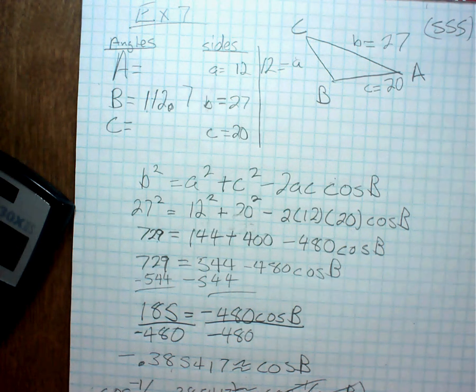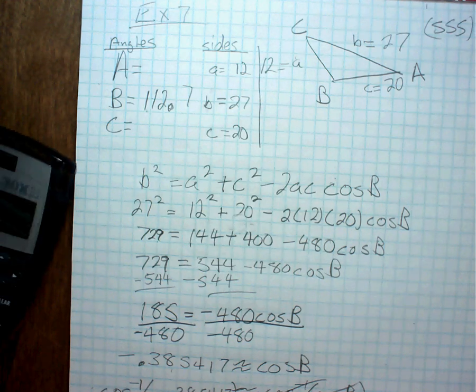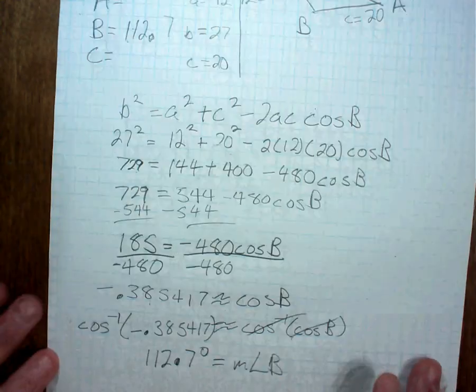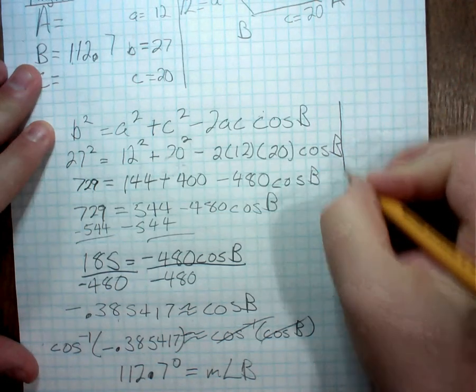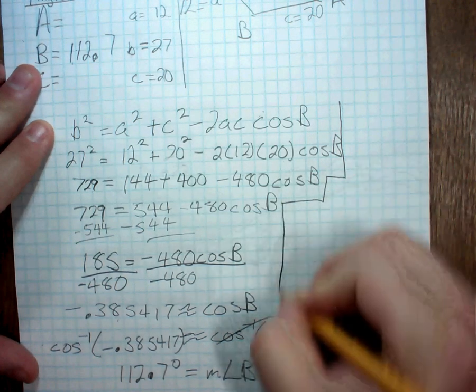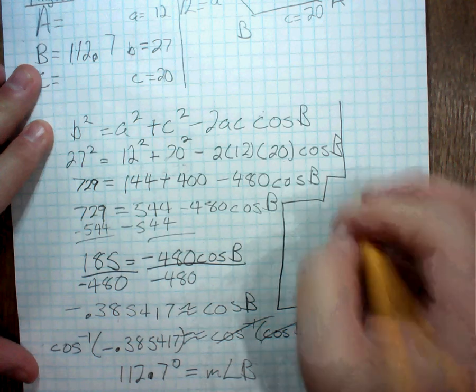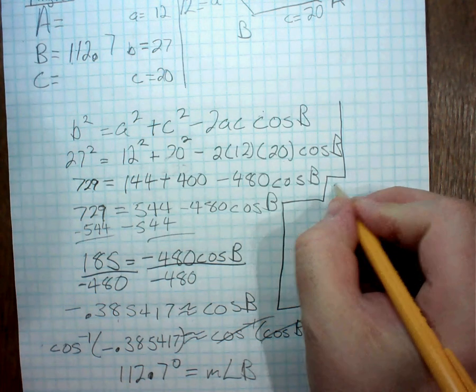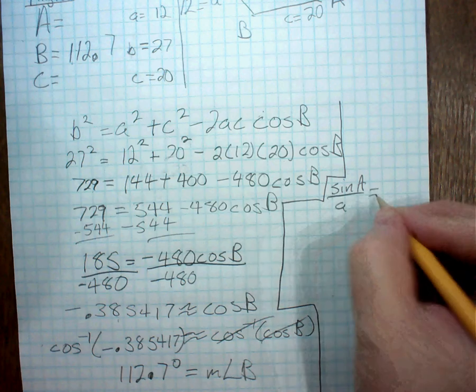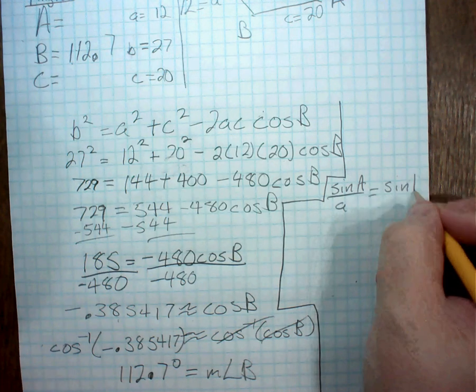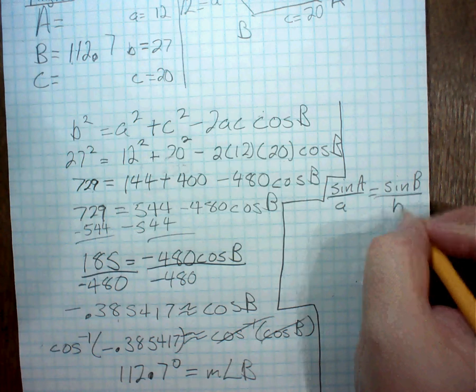Now to find the measure of angle A, I basically have to do the same thing again, but instead I can use the law of sines. The measure of angle A I can find by saying sine of A over lowercase a is equal to sine of B over lowercase b.